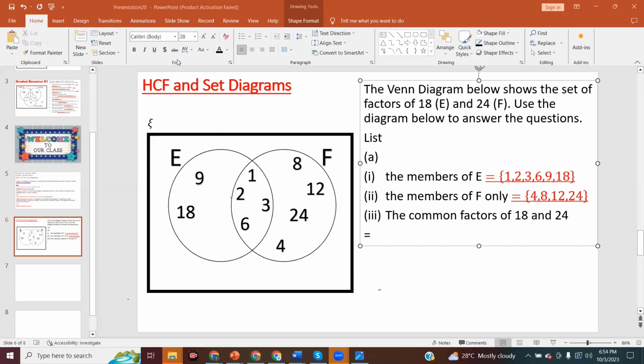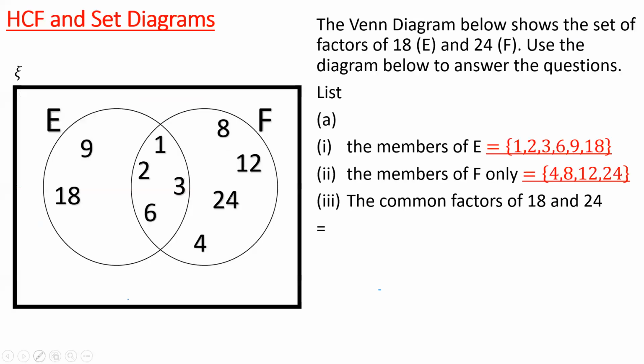Because they asked for common factors of 18 and 24, we have to only consider the ones in the middle.